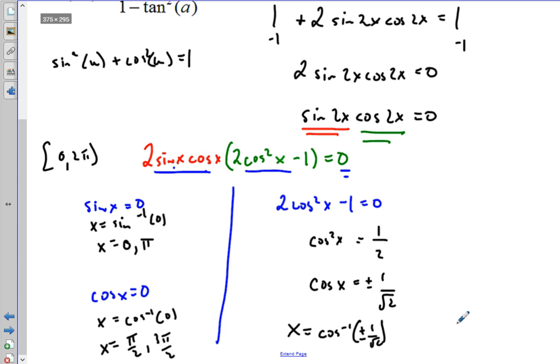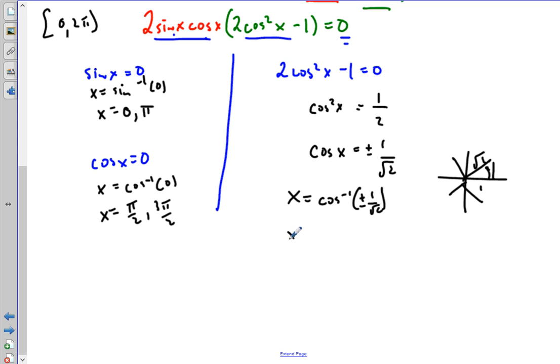Take the inverse cosine, and that's going to be in all the quadrants, first, second, third, and fourth. We know that we have a 1 over radical 2 for a value, so this is going to be all the multiples of a 45-degree angle. So what we have is pi over 4, in the second quadrant 3 pi over 4, the third quadrant is 5 pi over 4, and finally the fourth quadrant is 7 pi over 4.